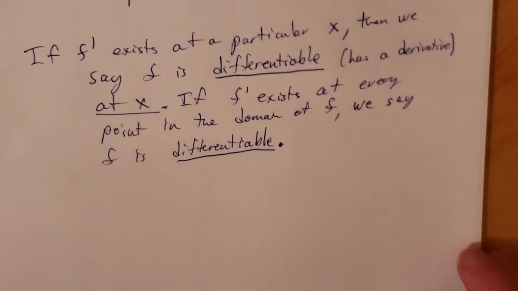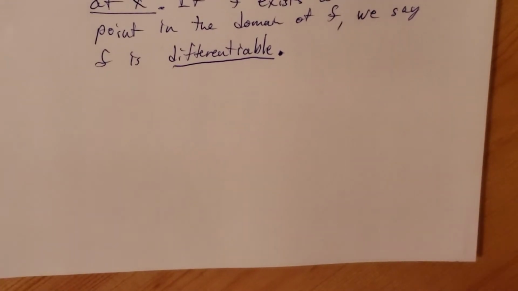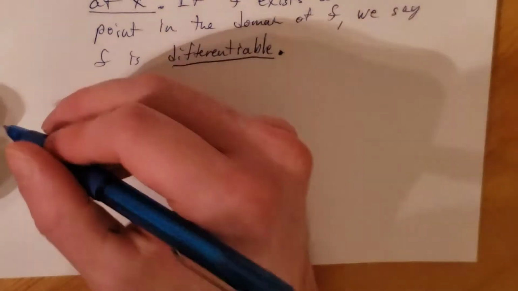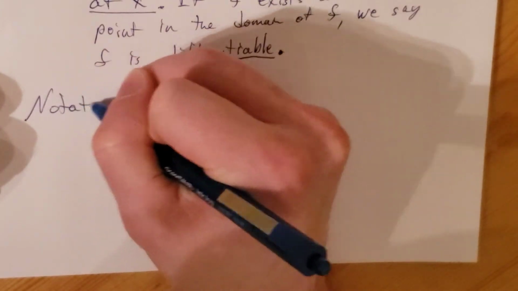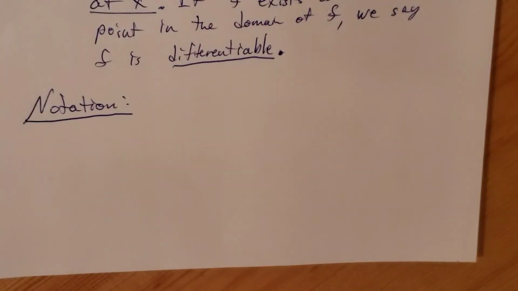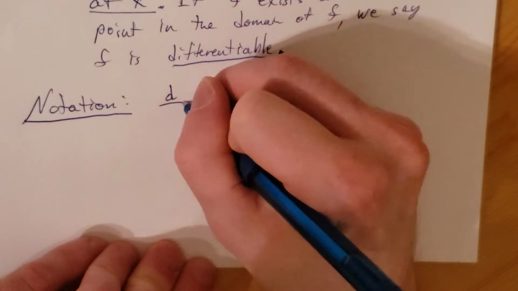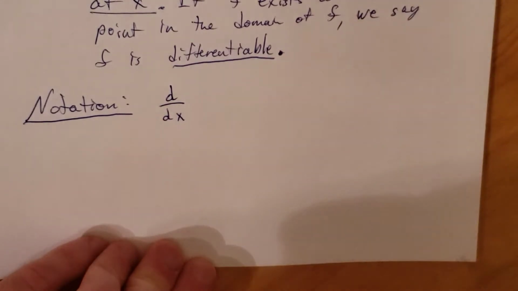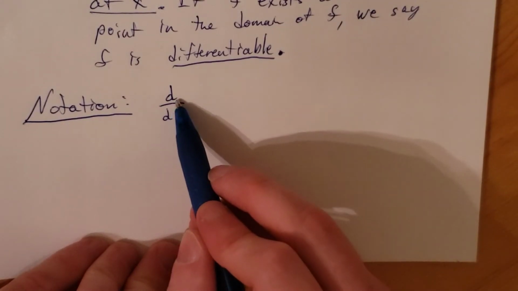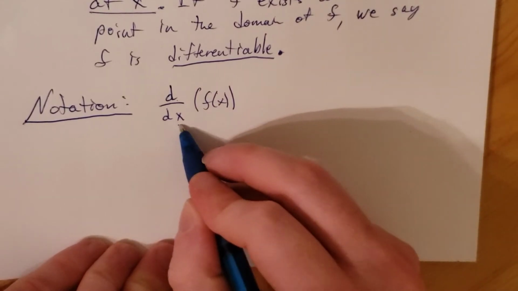We're going to take a quick break from talking about examples and definitions and everything to discuss the notation. So here's some notation you might see when you are discussing derivatives. d dx for the derivative of a function f of x with respect to x.